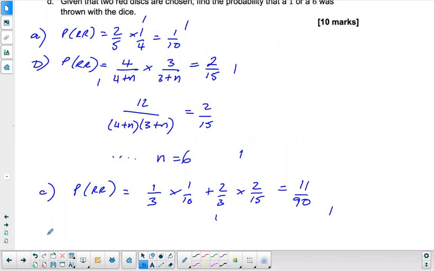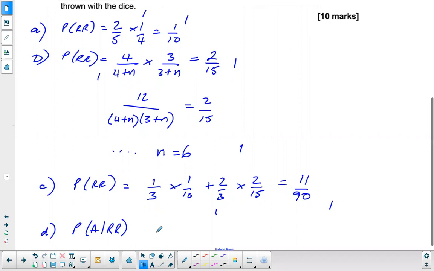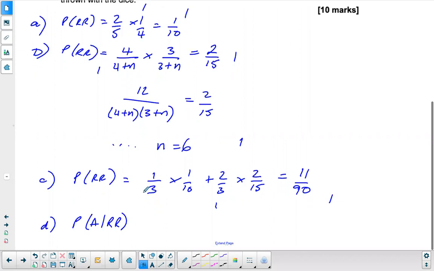And the last part, which is the probability that you used bag A, given that you've chosen 2 reds. This is a little more tricky, but the probability that you're going to get 2 reds out of bag A is that.